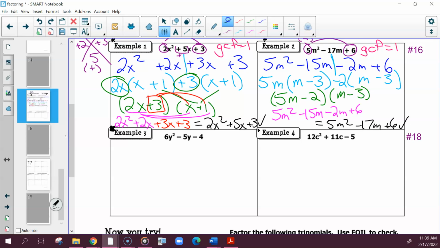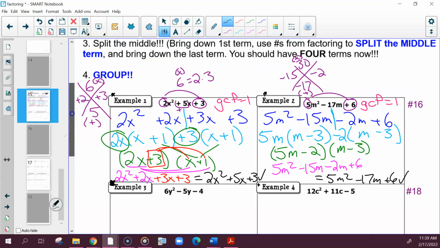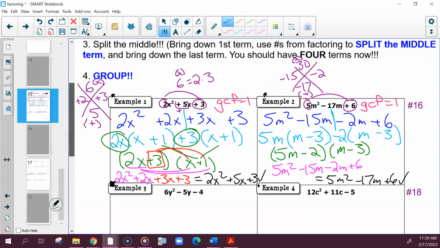Have any questions on that one? So, let me try. So when we have 15 and 2, or negative 15 and 2, we found it from trying to multiply 5 and 6.